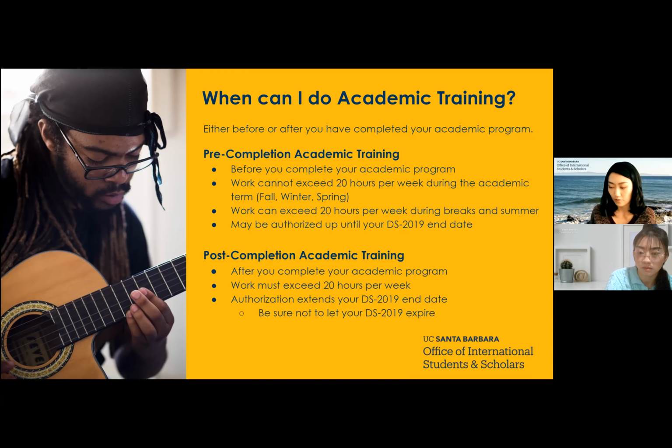That's the last day of fall quarter, like I said before. If you are approved for academic training that's post-completion, then your DS 2019 will actually be extended past December 18th of 2020. But it's really important not to let your DS 2019 expire ever. So be mindful of your end date at all times.